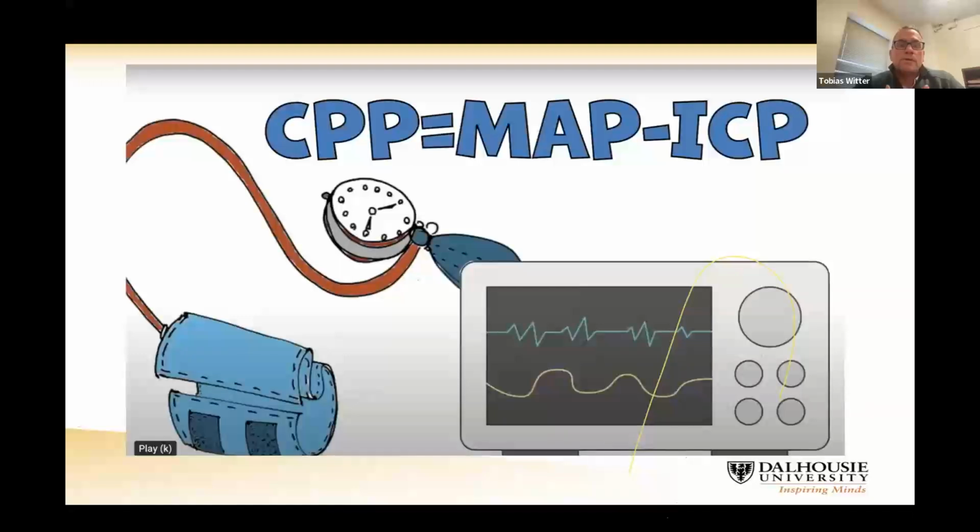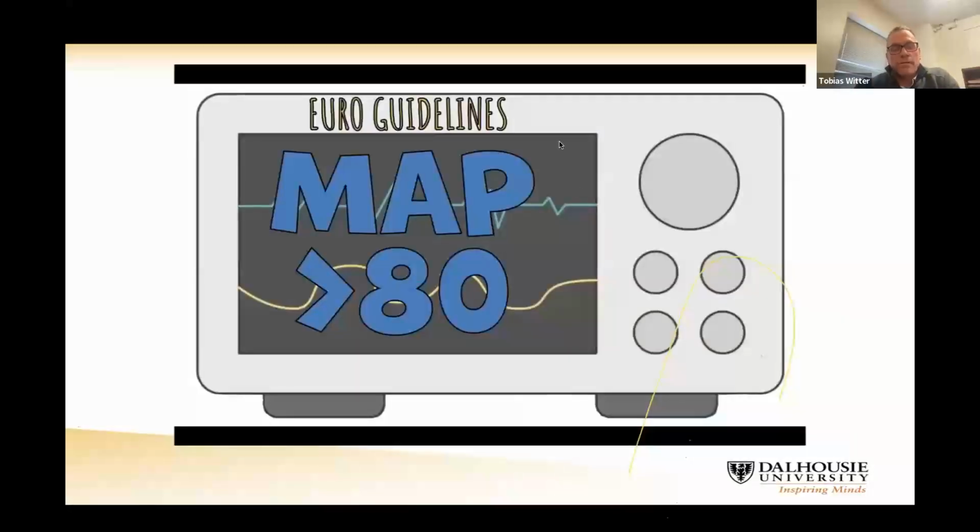And so we want to be above that 60 threshold of CPP, not MAP, CPP for those brain injuries. Therefore, this is coming from the European guidelines. For trauma patients who have an associated brain injury, we want to target a MAP of above 80. And that's pretty much standard across the world, I would say.